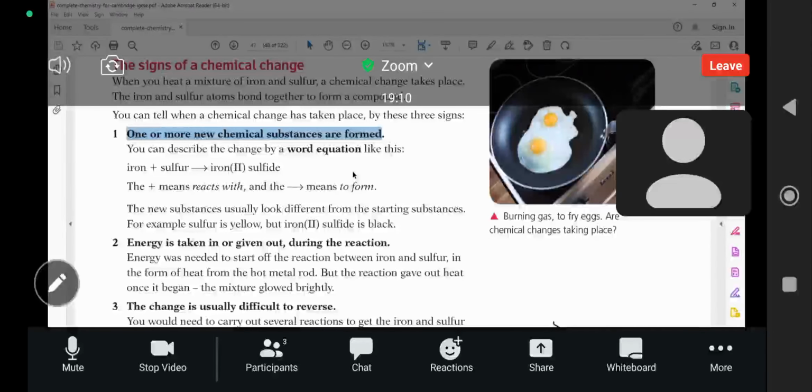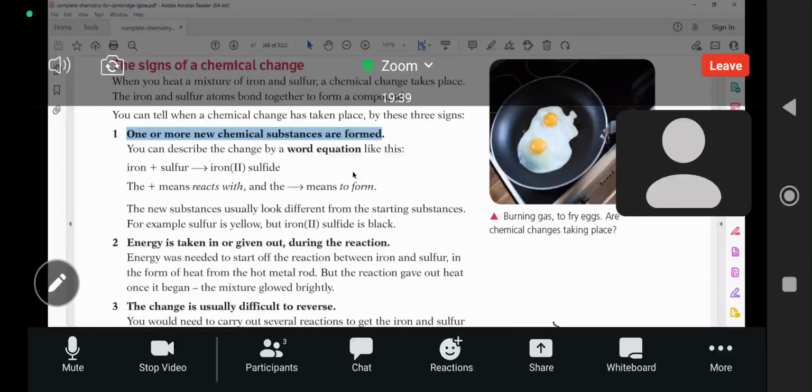So how can you read this word equation? Instead of this plus, you can say reacts with. And instead of this arrow, to form. So how you read it is: iron reacts with sulfur to form iron sulfide.